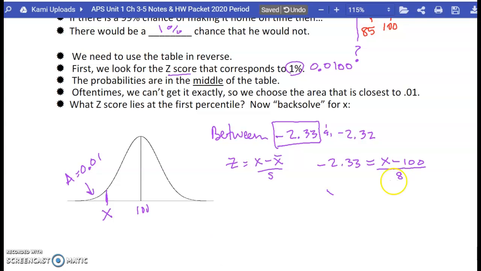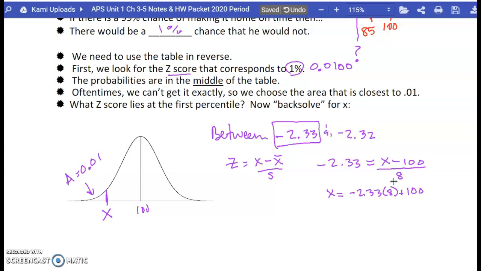If you solve this for x, multiply 8 times negative 2.33, and then add 100 to both sides. And that would give us our x value.